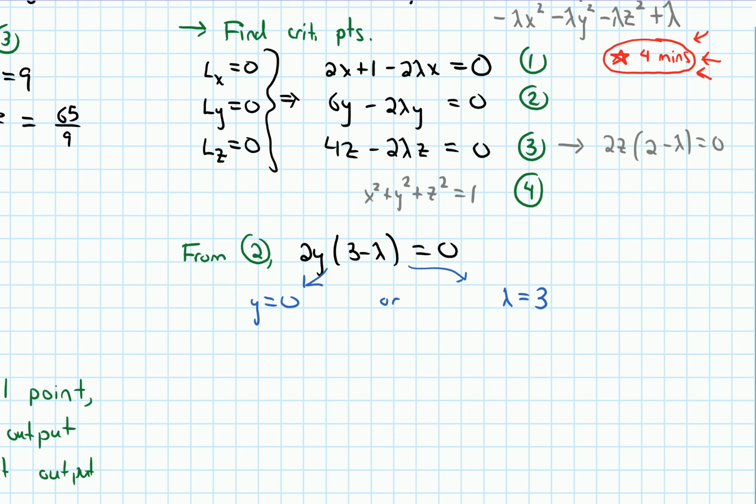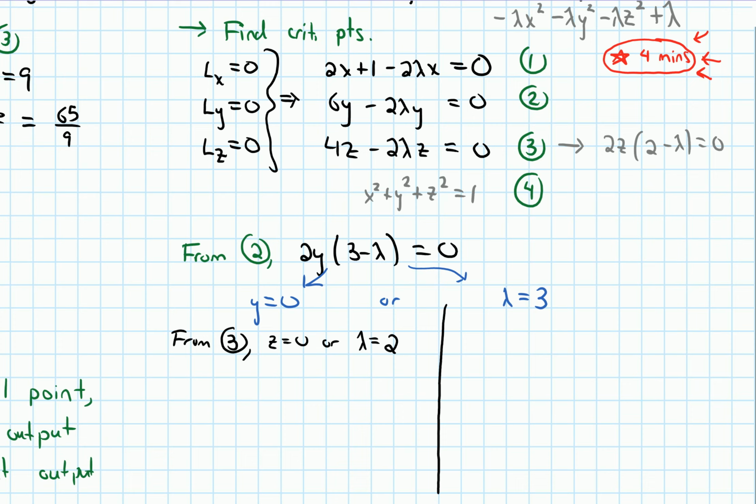And what that will tell me is, from that third equation, from that factored form, that z equals 0 or lambda equals 2. So we know that either z equals 0 or lambda equals 2.